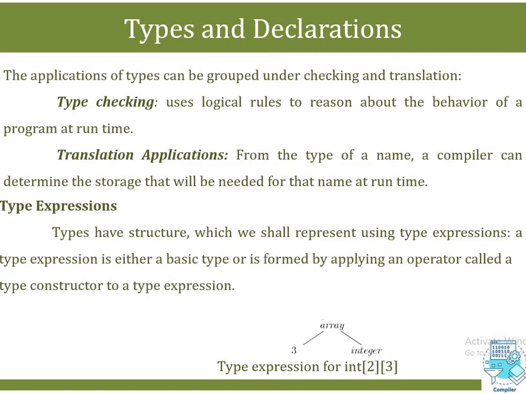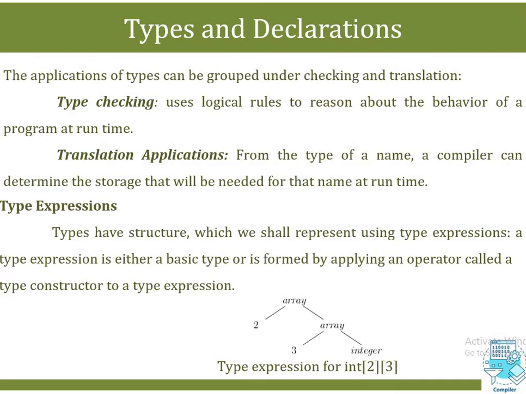First, the one-dimensional array is expressed as array of 3, integer. It means the array size is 3, the number of elements is 3, and the type of the array is integer.